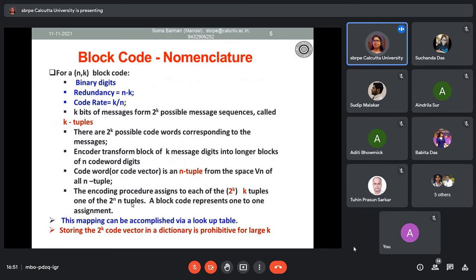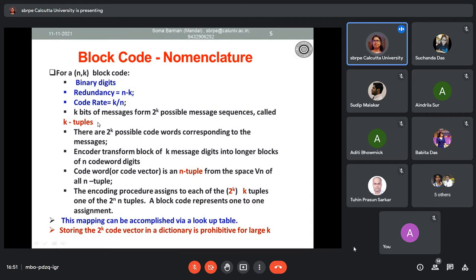The code rate is k, the information bits, divided by n, the length of the code, that is, after coding. So k is your message, n is the code length, code rate is k by n, and redundancy is n minus k.